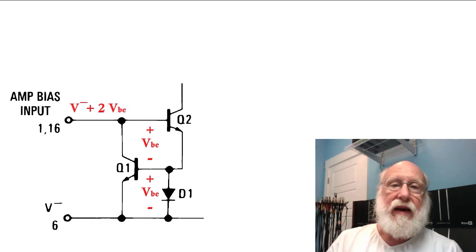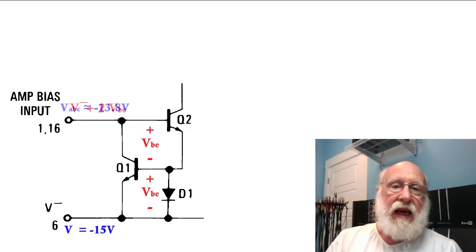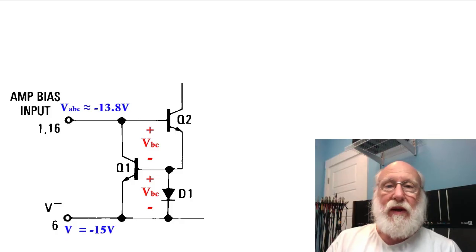If you're running plus and minus 15 volt supplies, then that amplifier bias input is probably going to be between minus 13.5 and minus 14 volts, somewhere in that region. It will vary a little bit depending on the amount of current into that input.